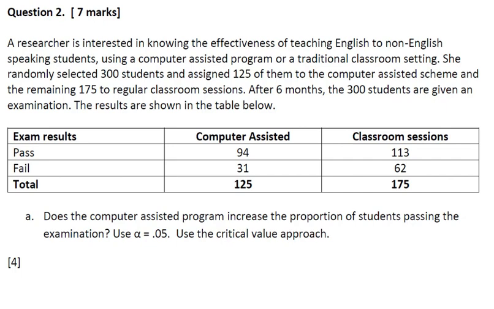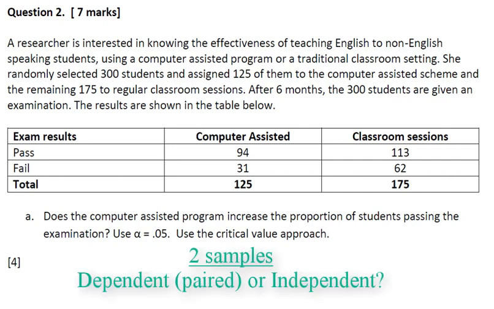Oh, one more thing. Are these dependent or independent samples? Well, clearly these are independent samples. One group of students was using the computer program and the other group was using the traditional classroom setting. These are not the same students, folks. Completely different people. So independent samples.